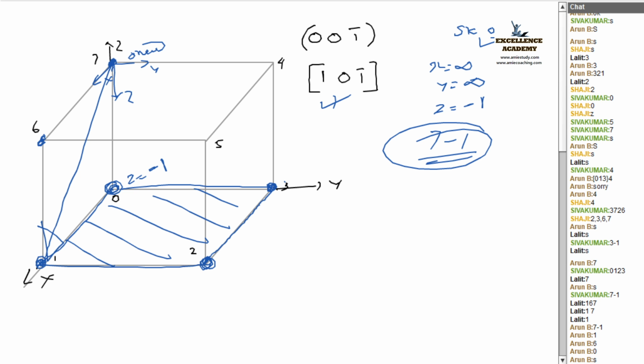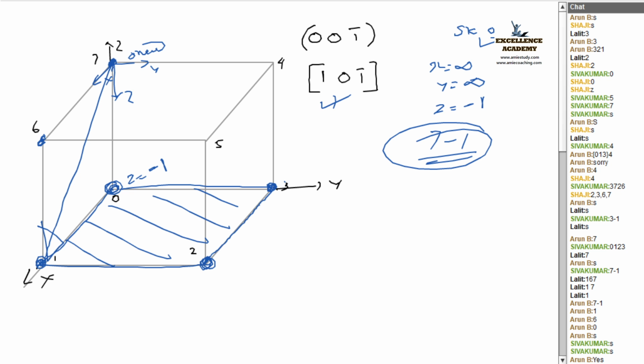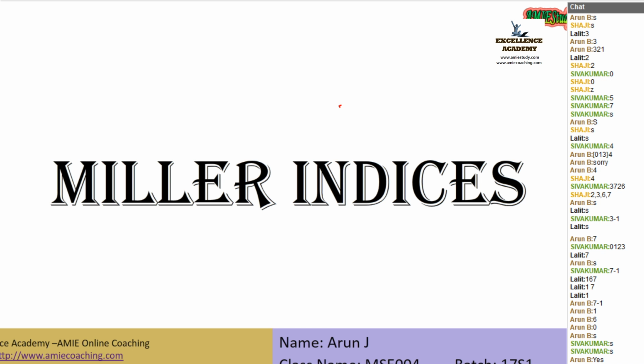Are you confident enough to draw Miller indices for direction and planes? In my slide, I shall send you some. A lot of problems are there. Please go through those problems so that you will get some experience in doing that.